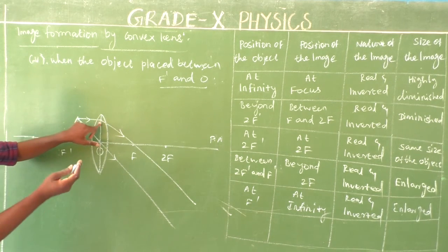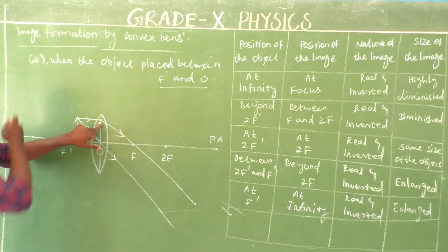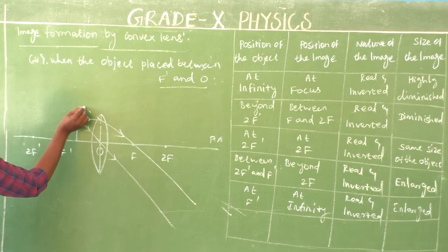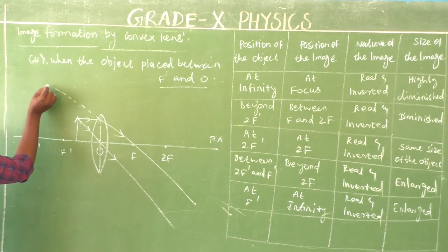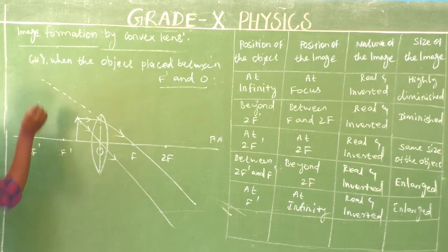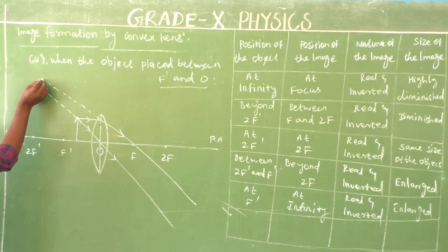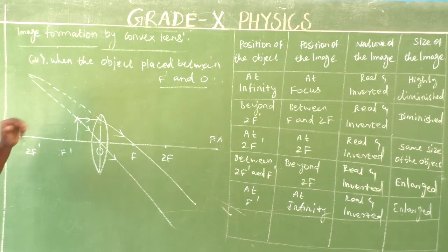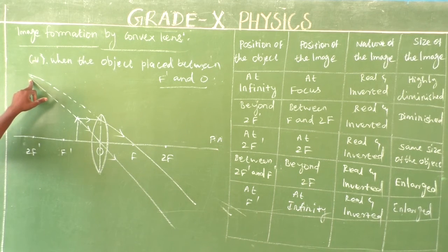If we extend the refracted rays at the back side, like this first one, and the second one, the two refracted rays appear, note my word, appear to meet each other. Is it clear?